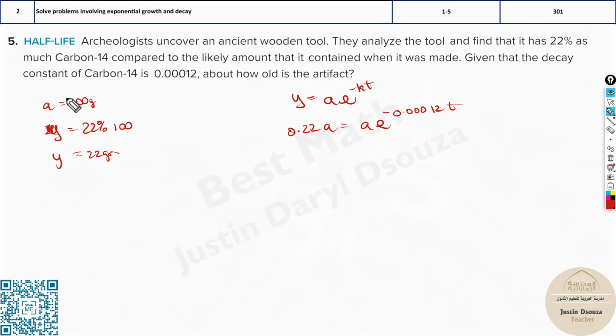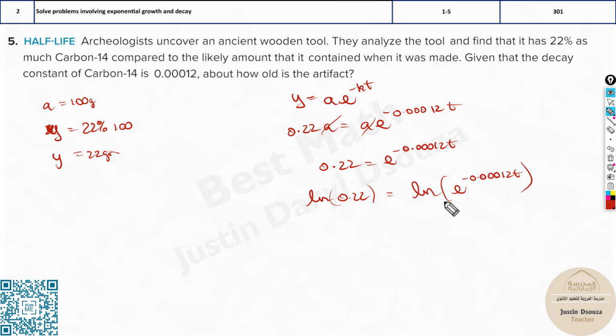Given that the decay constant of carbon 14 is 0.00012, about how old is the artifact? Now we just solve this up. A cancelled, seems like what we did a while ago. 0.22 equals E to the power minus 0.00012 T. Let's take ln on both the sides. And that will be equal to ln of E to the power minus 0.00012 T.